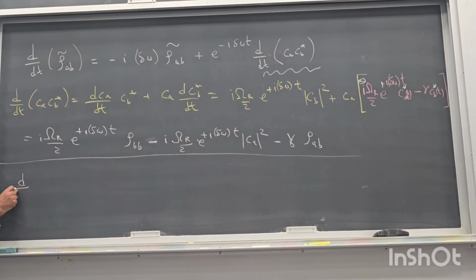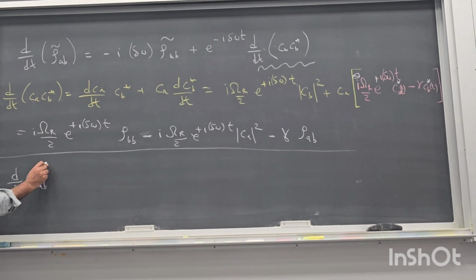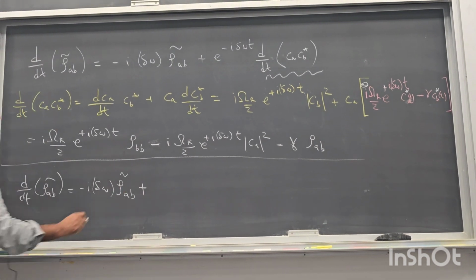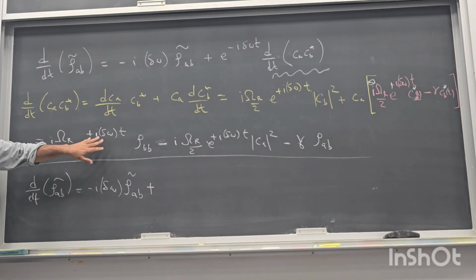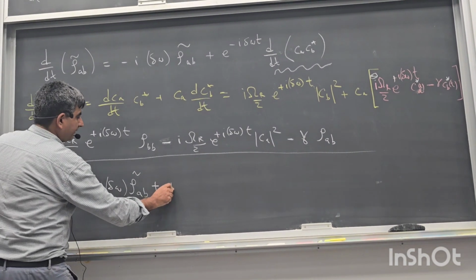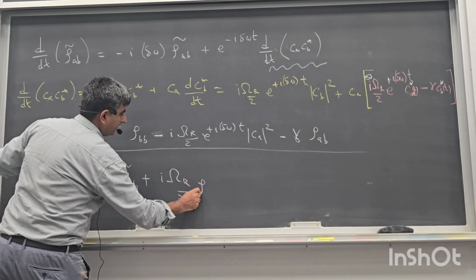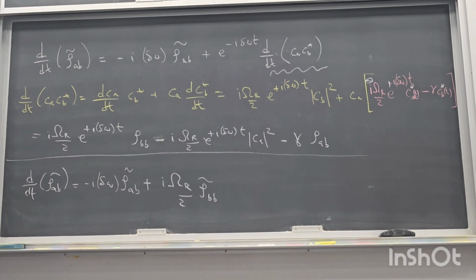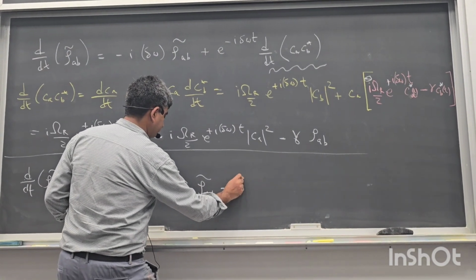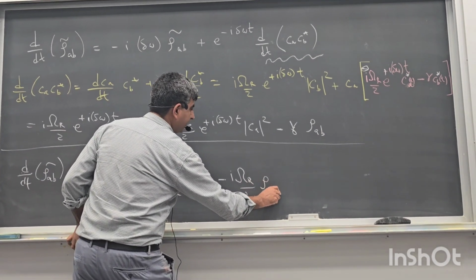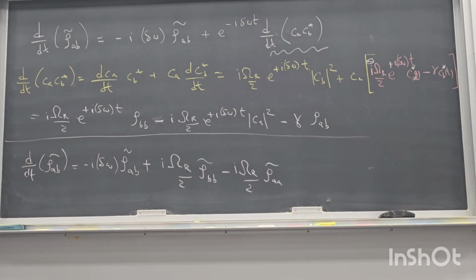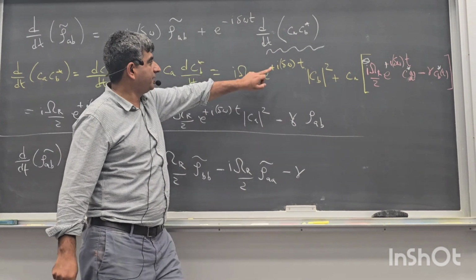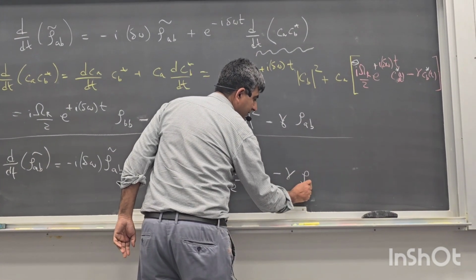So the derivative of rho AB tilde is minus i delta omega rho AB tilde plus e^(-i delta omega t) into all of this, so I get plus omega R rho bb, and rho bb can be written as rho bb tilde minus rho aa tilde, minus gamma e^(-i delta omega t) into rho AB, which is rho AB tilde.